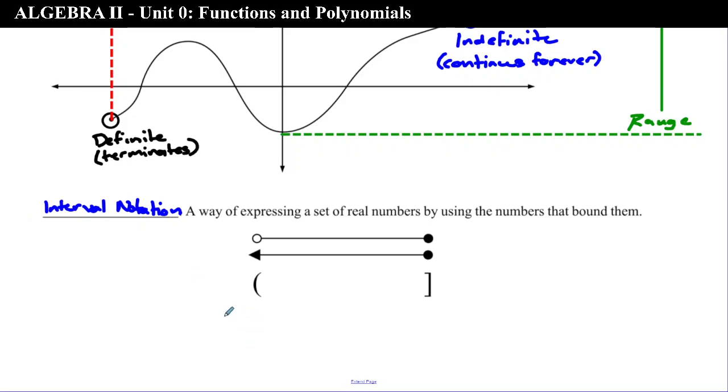Okay? So, again, parentheses means that it's open, and it means that the value is not included. Then on the other end, we have closed, which is indicated by a bracket, meaning that it is included.